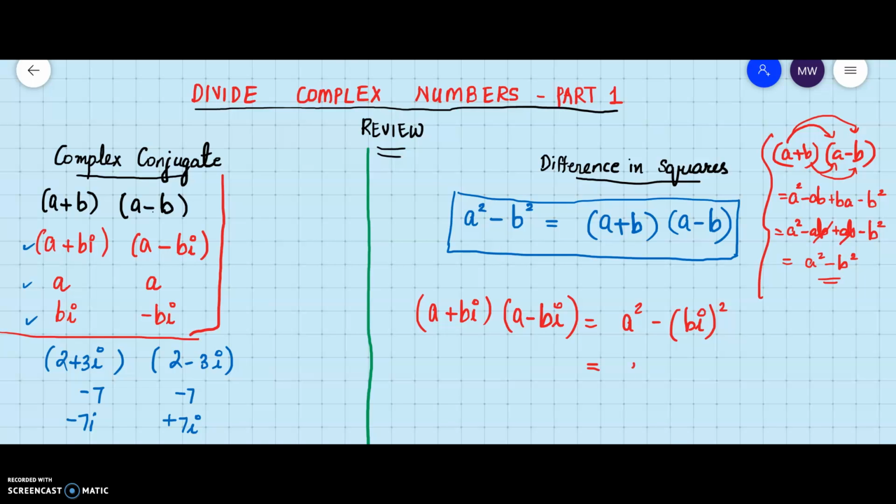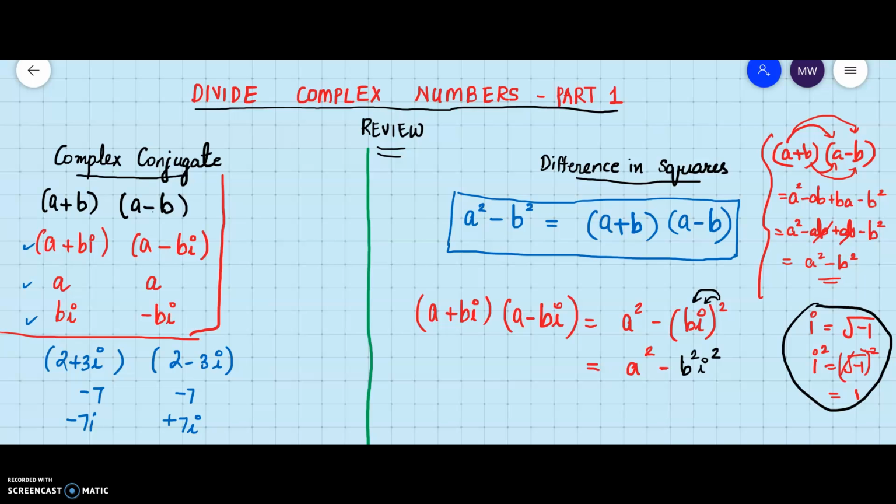You have your a squared as a squared itself. We know that i is the square root of negative 1. That's the definition of i. So i squared is the square root of negative 1 squared, and the square root and square cancel, and we get i squared as negative 1. Here, the square applies to the b and to the i as well, so it becomes b squared i squared.